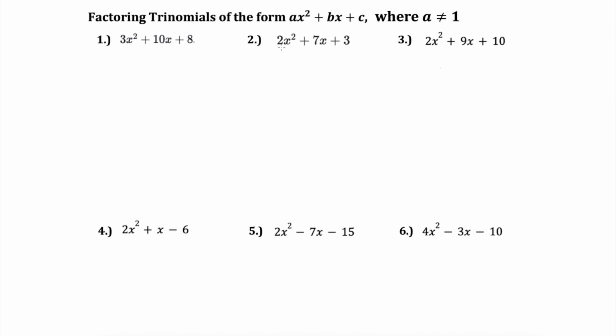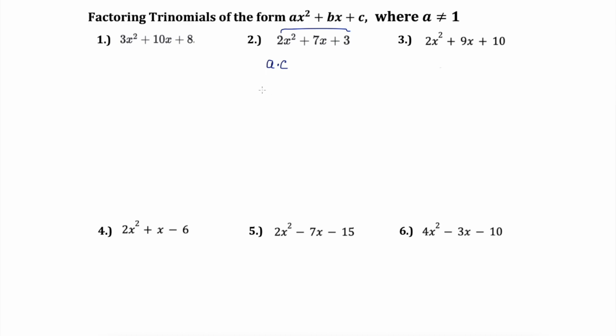We still need to take the factors of a number that add up to give us this middle number. But the factors we need are the factors of a times c. So in this case we have to multiply 2 times 3.